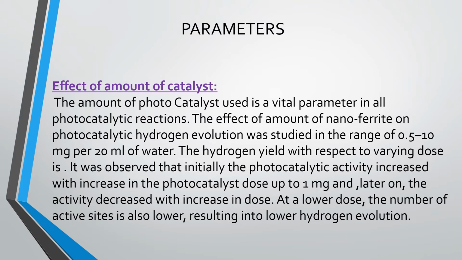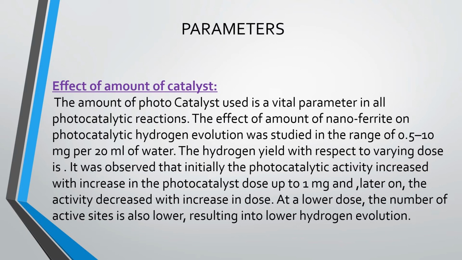Here, the effect of amount of catalyst. The amount of photocatalyst used is a vital parameter in all photocatalytic reactions. The effect of the amount of nanoferrite on photocatalytic hydrogen evolution was studied in the range of 0.5 to 10 mg per 20 ml of water.